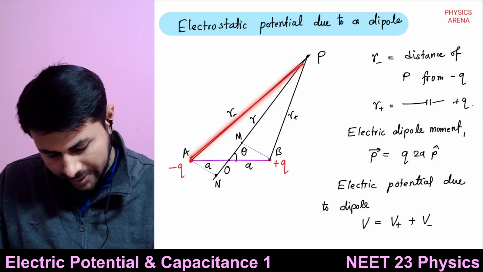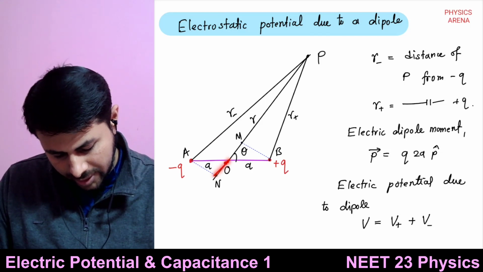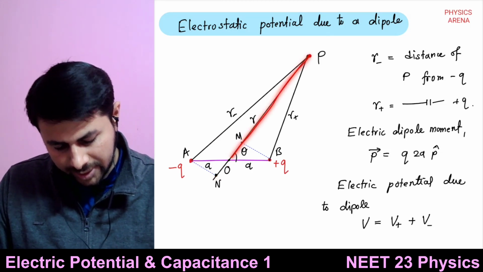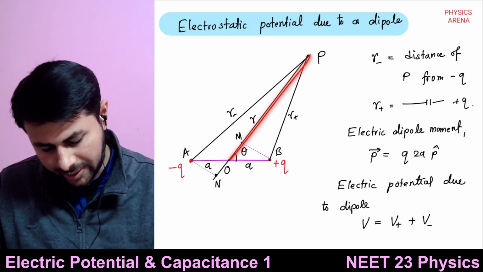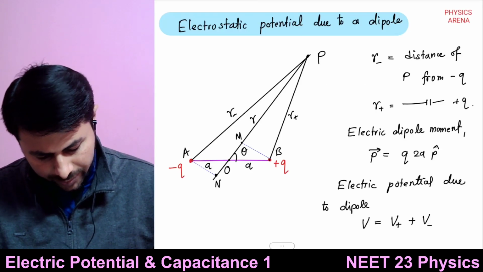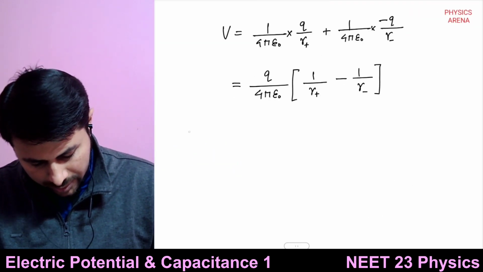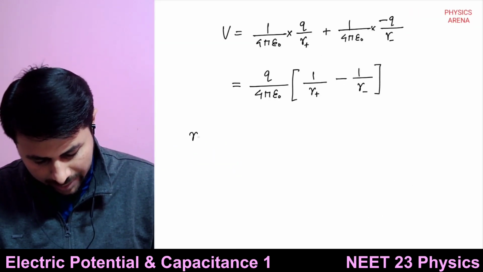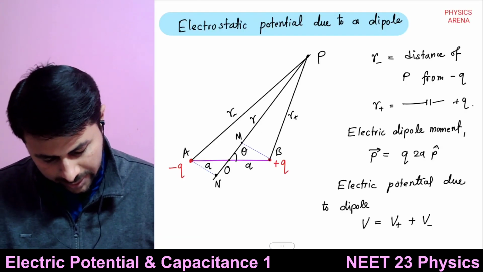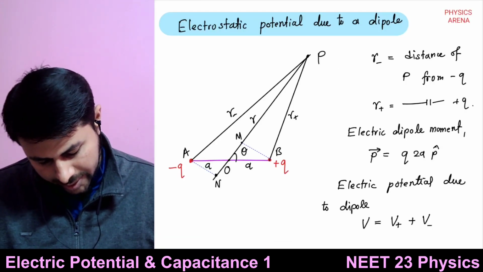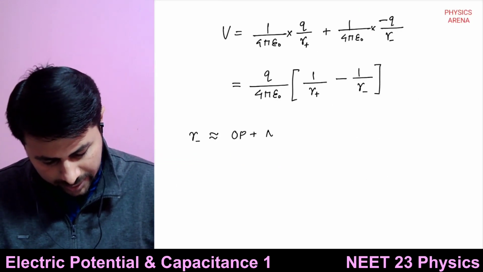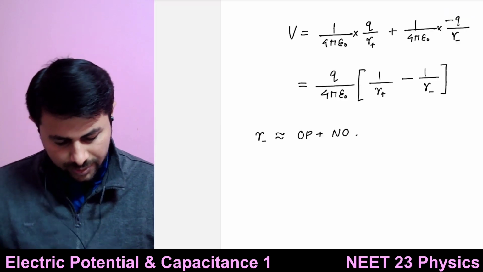So R minus is equal to distance NO plus distance OP, and distance OP is equal to R. So I can say R minus is nearly equal to distance OP plus distance NO.